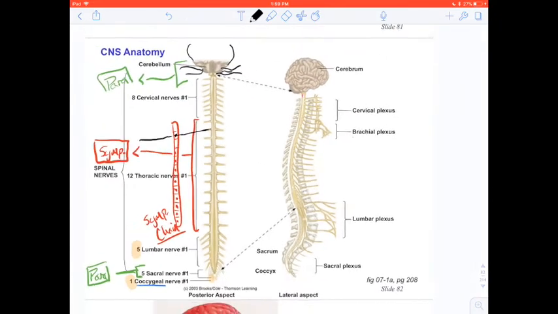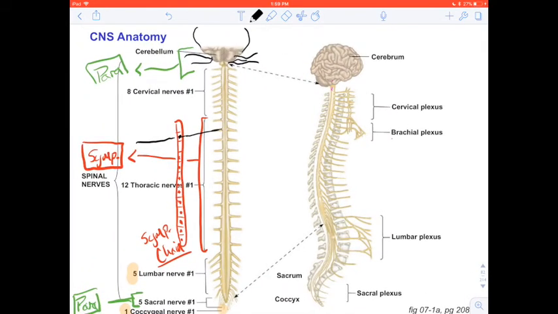And this is what you may have heard called pre- and post-ganglionic sympathetic nerves, right? So we have a preganglionic sympathetic neuron and a postganglionic sympathetic neuron. We'll look at those in just a second because they behave just a little bit differently.